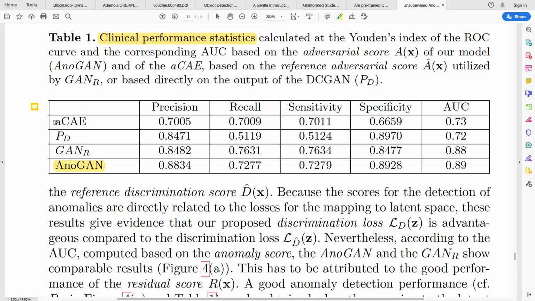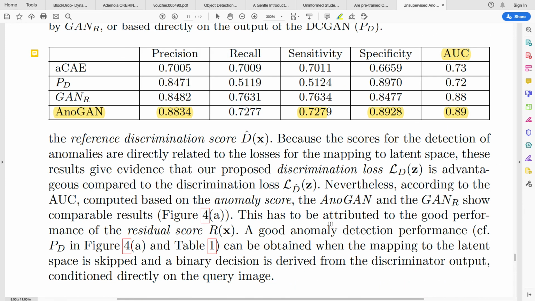So these are other methods, but this is their method, and you can see that they have the highest precision. They have a slightly lower recall, slightly lower sensitivity compared to this one, but they have a high specificity, and clearly they have the highest area under the ROC curve.